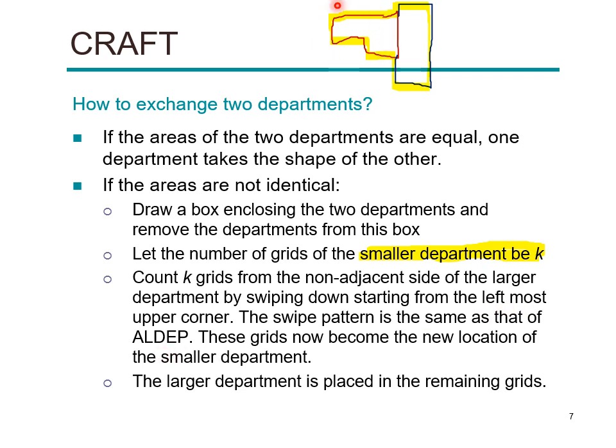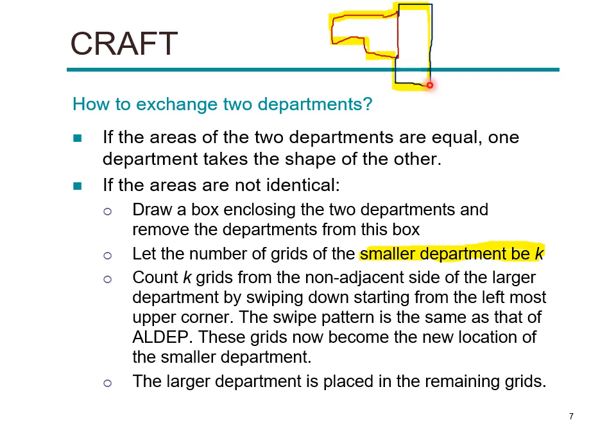But if the smaller department is on the left-hand side and the non-adjacent side is here, then you will start from the upper right corner. Then, in a swipe pattern like ALDEP, you start placing K grids from here down, for example 1, 2, 3, 4, and so on.